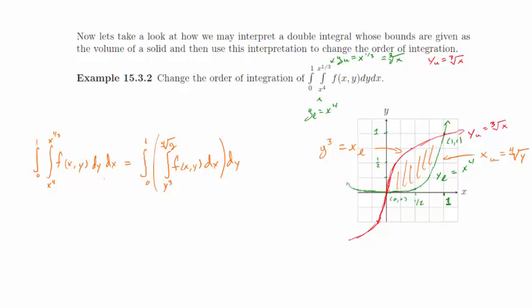And so we see the original double integral from 0 to 1 of the integral from x to the fourth to x to the 1/3 of f of x comma y dy dx equals the integral from 0 to 1 of the integral from y to the third to the fourth root of y of f of x comma y dx dy. And so we have switched that order of integration.